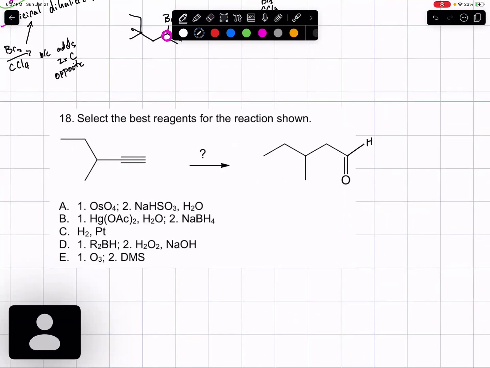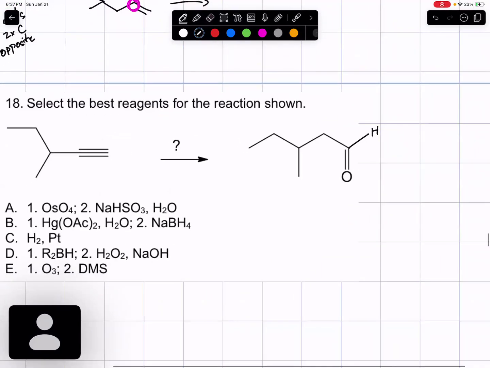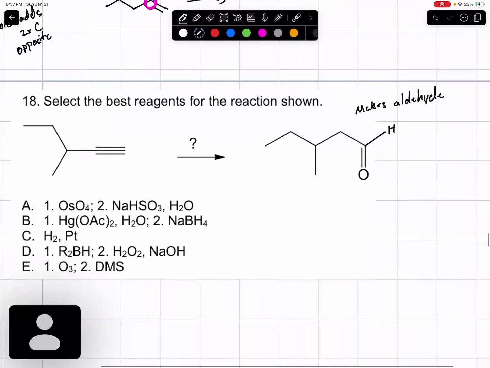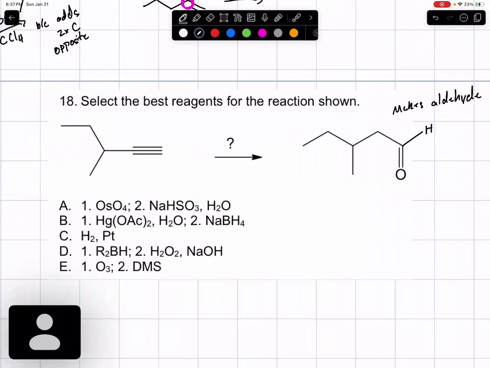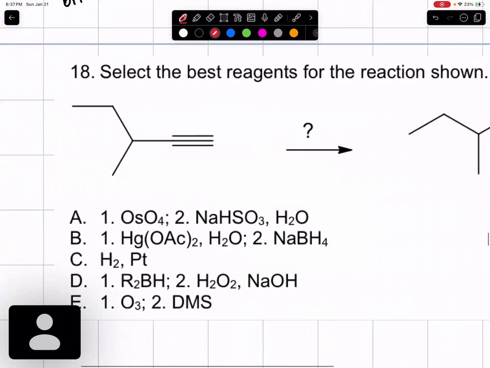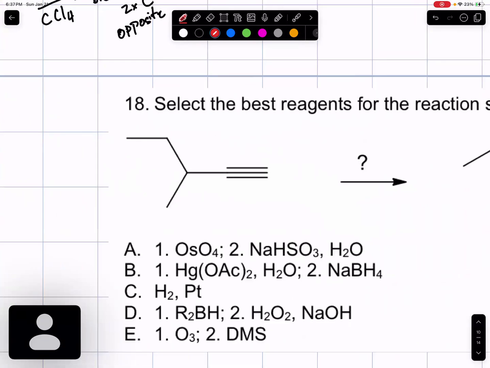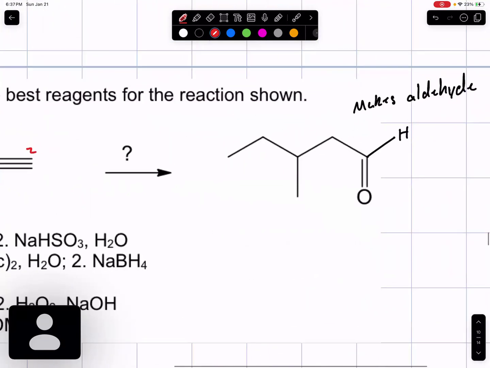Our choice is basically saying, which one of these makes an aldehyde? If you look, you can also count your carbons. This is a terminal aldehyde. Let's count our carbons from this position: 1, 2.